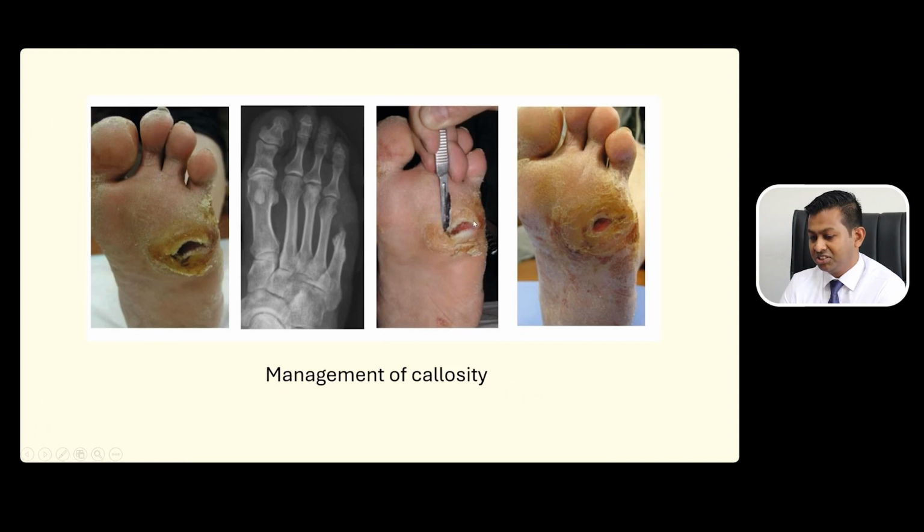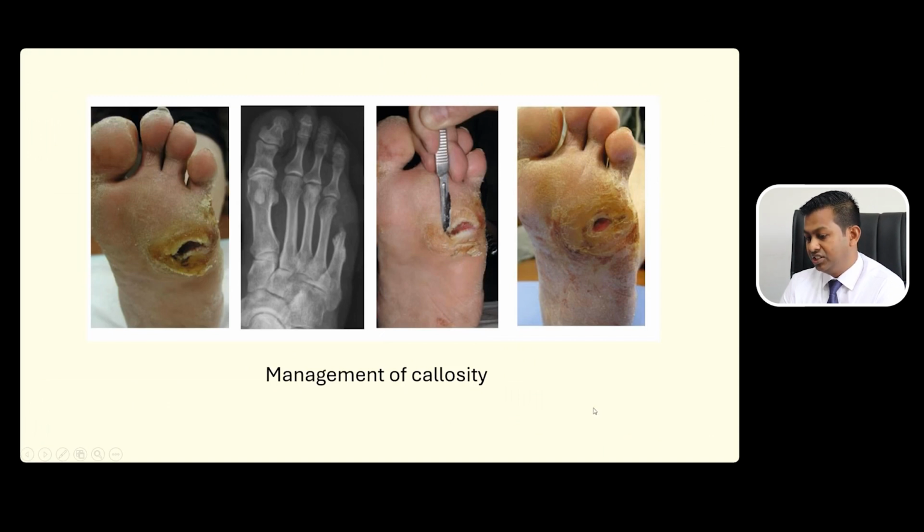This is the proper thing to do. Maybe a number 15, number 11 blade, and then carefully shave it like shaving something, right? And make sure there's no bleeding, because we don't need to cause any further damage. And most importantly, we need to repeat it again and again, right, until the wound heals.